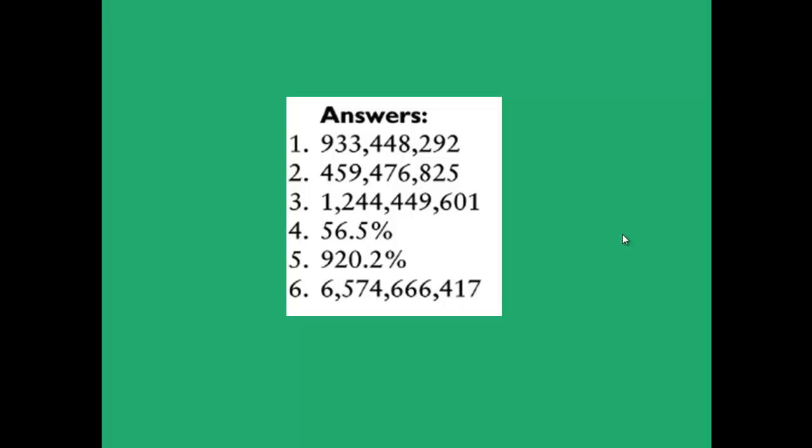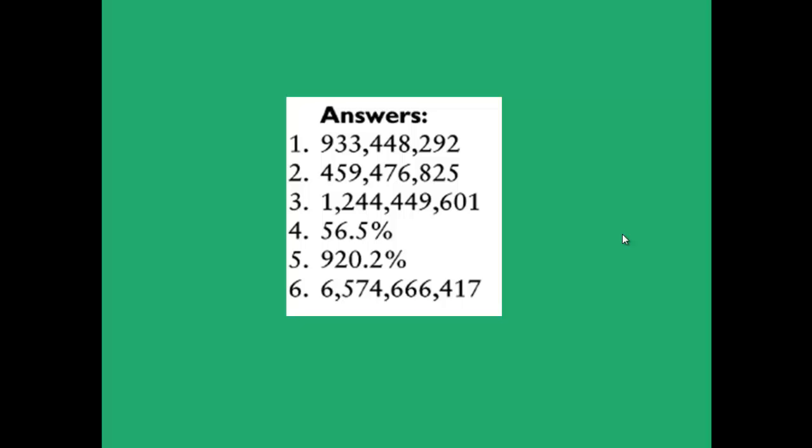Number 2, how many people in Asia used the internet in 2007? 459,476,825.